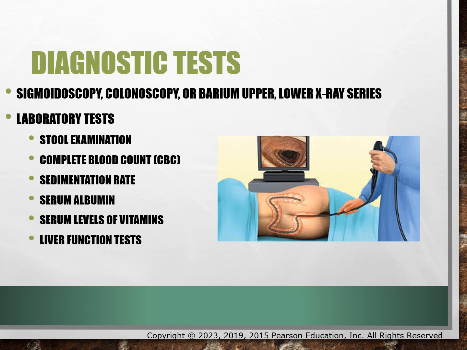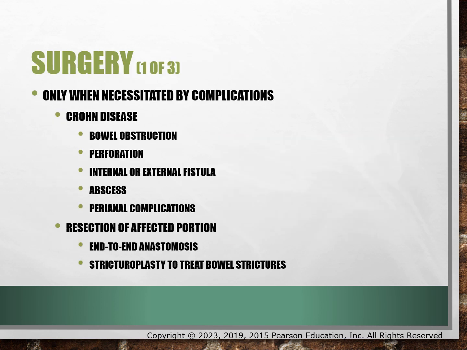Folic acid and serum levels of most vitamins, including B complex, C, and the fat-soluble vitamins A, D, E, K, often decrease because of malabsorption. Liver function tests may show elevated liver enzymes such as ALT, alkaline phosphatase, AST, GGTP, and LDH, and bilirubin if sclerosing cholangitis is present. So you need to look at a lot of labs.